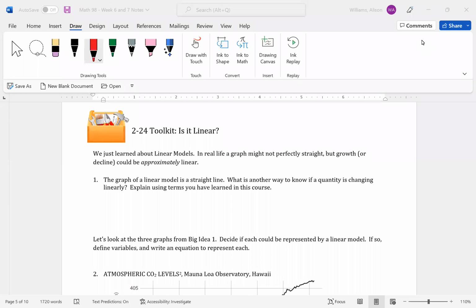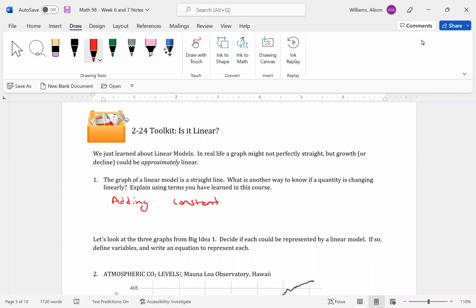In this video, we're going to talk about using lines to approximate things that aren't quite linear. So a graph has a linear model, meaning we have a straight line. But what that really means, or another way of saying that, is that it's changing by a constant rate of growth, or it's adding a constant.